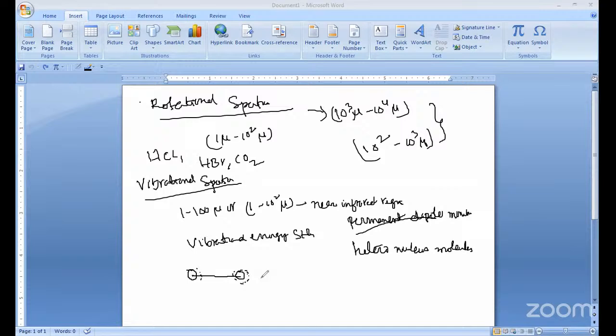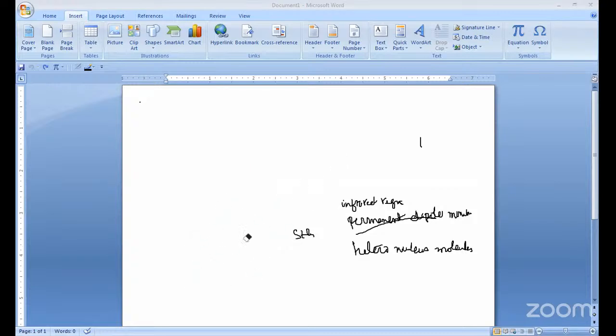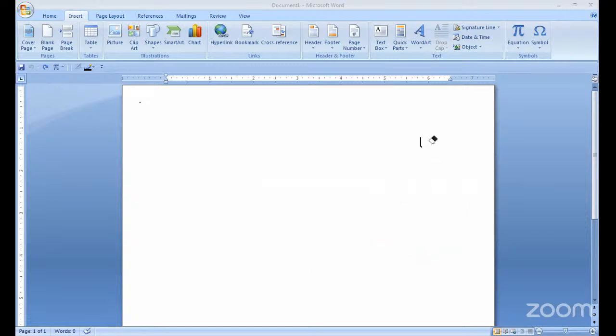Here we are going to calculate the vibrational energy of a diatomic molecule.